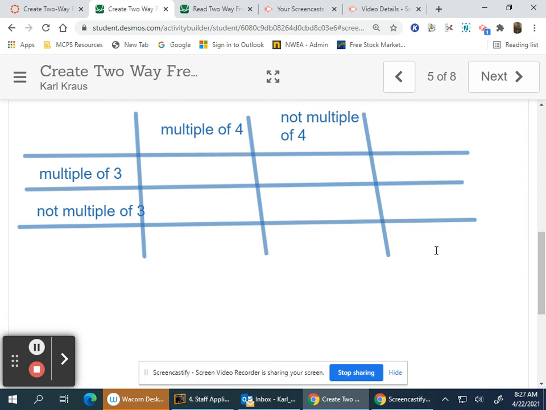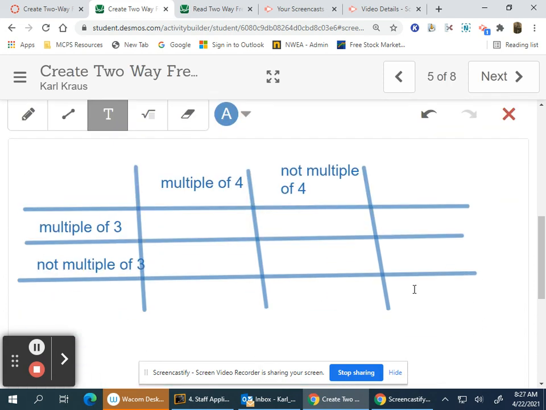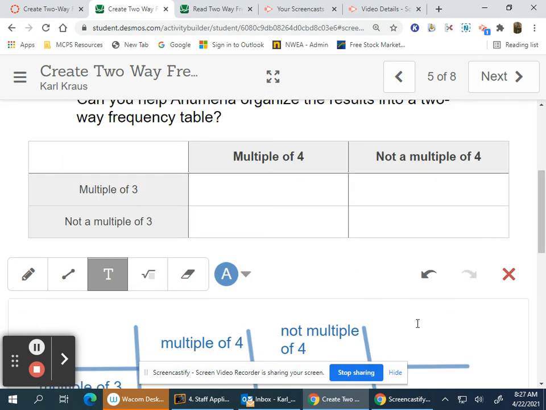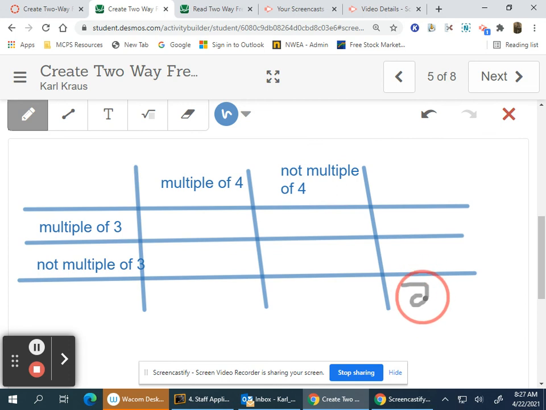All right, so the set is 20. So that goes down here in the total. So that's given.